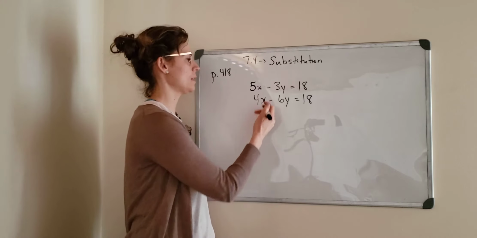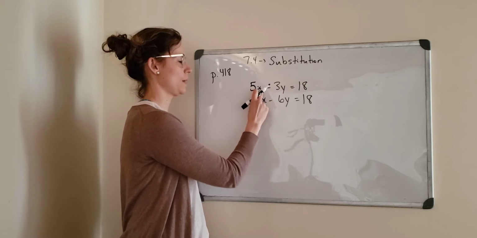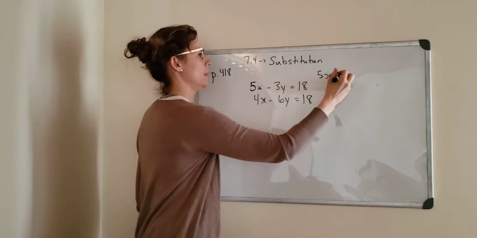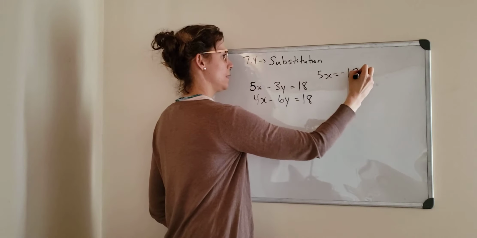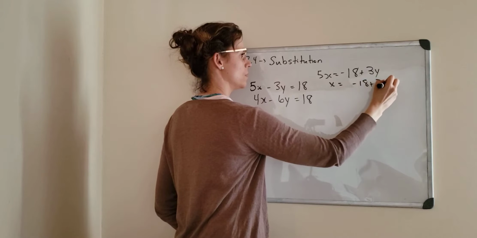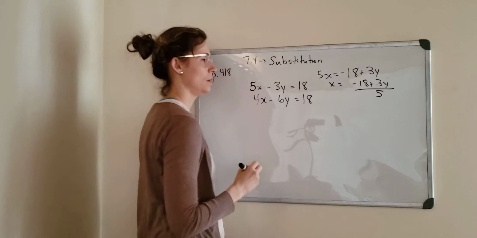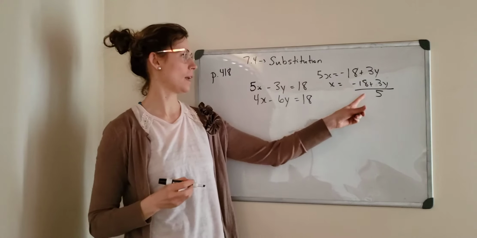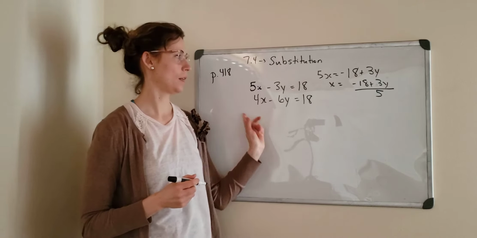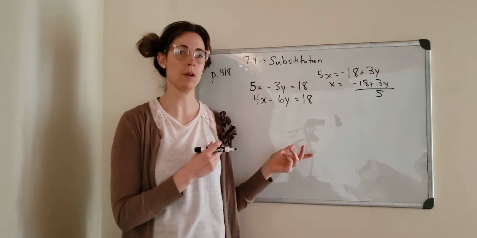I could find out what x is over here by saying 5x would be negative 18 plus 3y, so x would be negative 18 plus 3y over 5. I could then take that, plug it in here for the x, and solve for x. So that's one way I could do it.